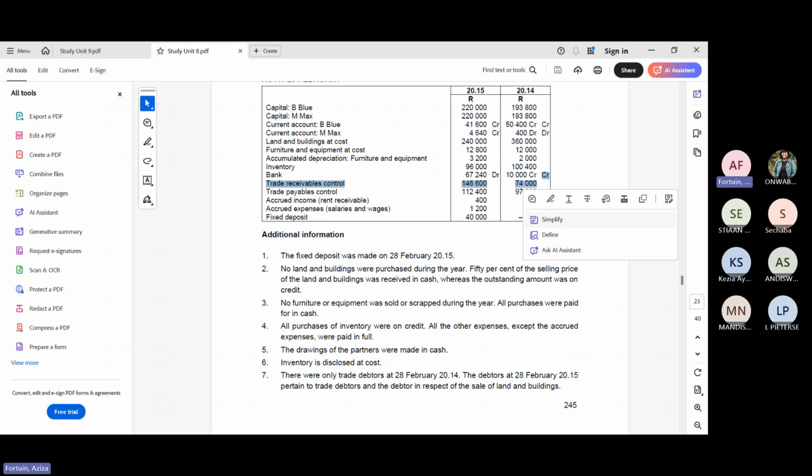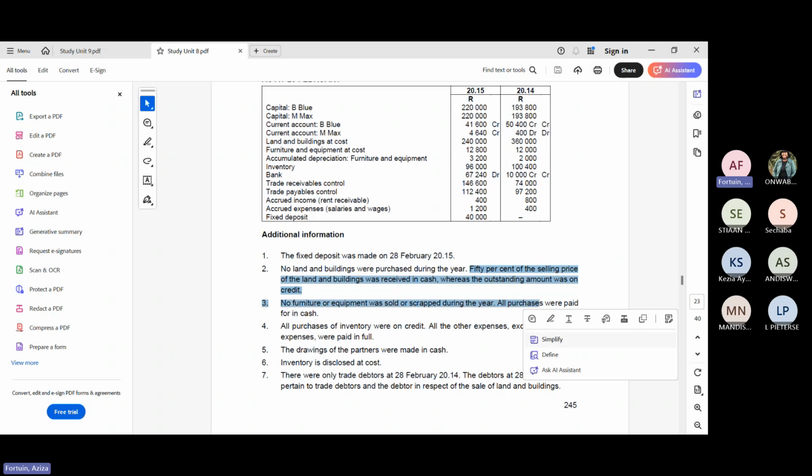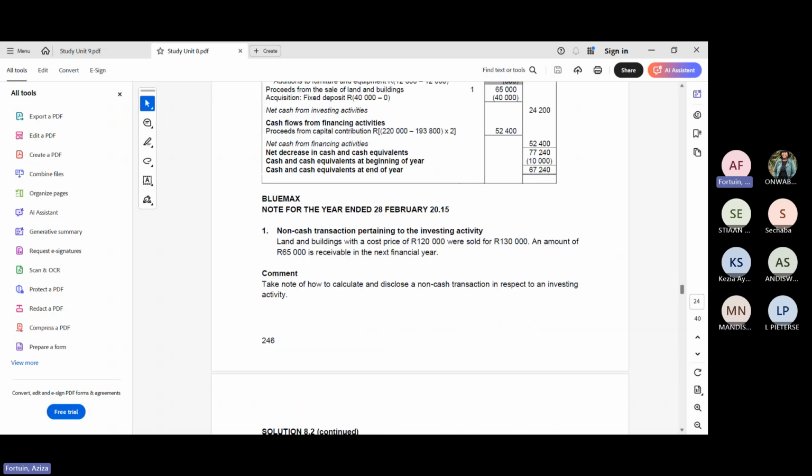But because this one just took a twist, they said the debtors on 28th of February pertain to the trade debtors and the debtor in respect of the sale of land. For the sale of land, 50% of the selling price was received in cash, whereas the outstanding amount was on credit. So that was just a curveball that they threw there.